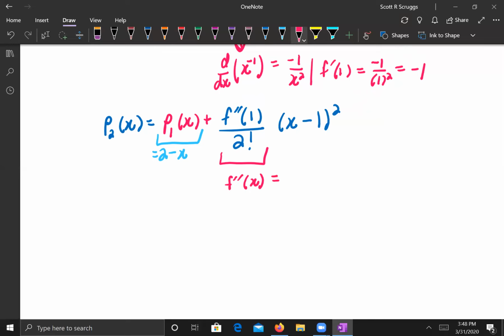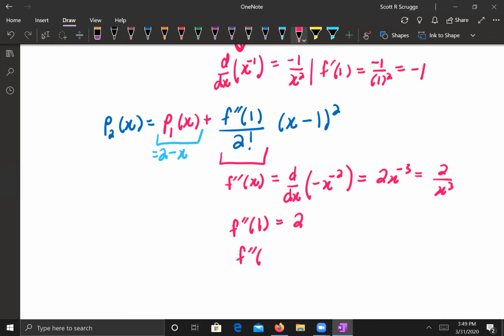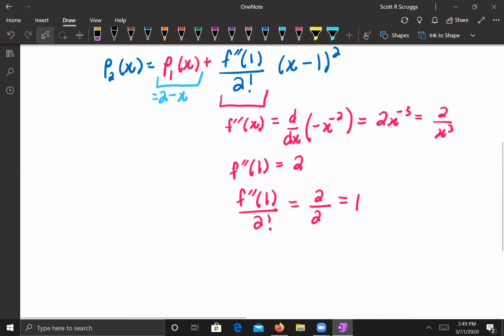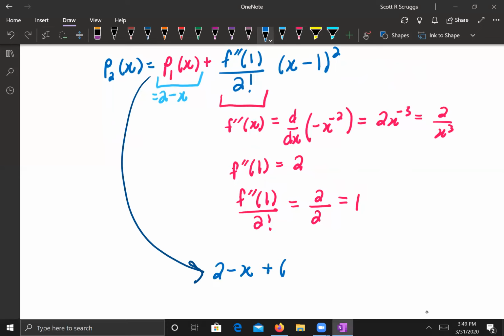So second derivative of x, since I already know the first derivative, I'm going to just take the derivative of the first derivative, and then by power rule, I'll get 2x to the negative third power, or 2 over x cubed, which means evaluated at 1, I get that the second derivative evaluated at 1 is 2, which means if I want to simplify that, evaluated at 2 factorial is 2 over 2, and that simplifies down to 1, which means my second order Taylor polynomial is going to be 2 minus x plus x minus 1 squared.